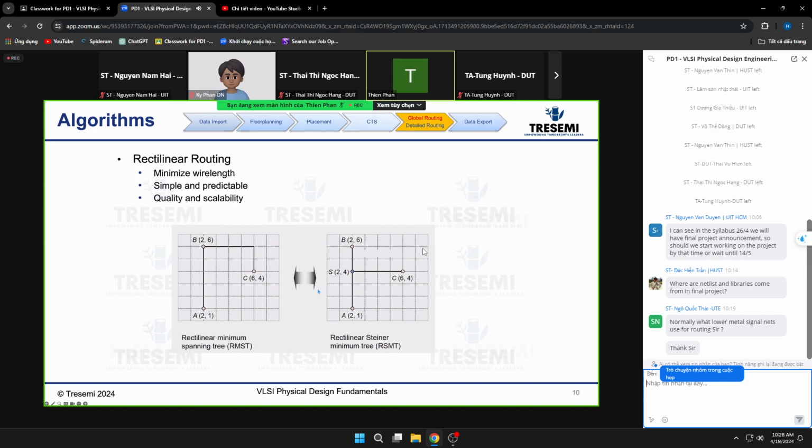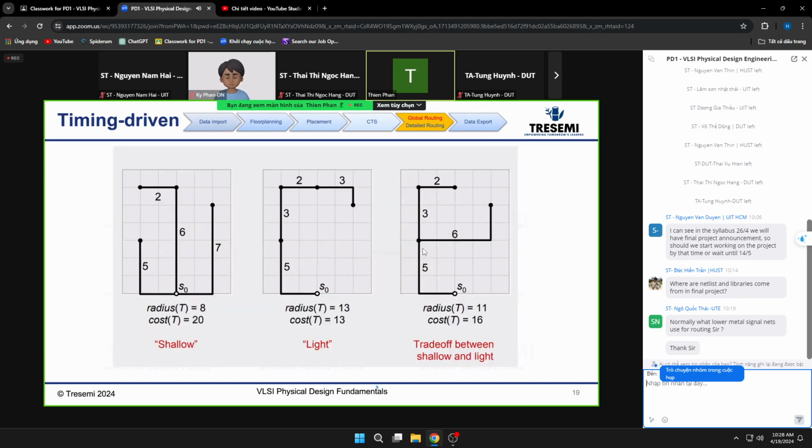let me turn this on. Yeah, instead of looking at the whole net and trying to minimize it, it's a trade-off between the wire length and the timing, right? So instead of that, they have some cost function. Everything has to be a cost function.